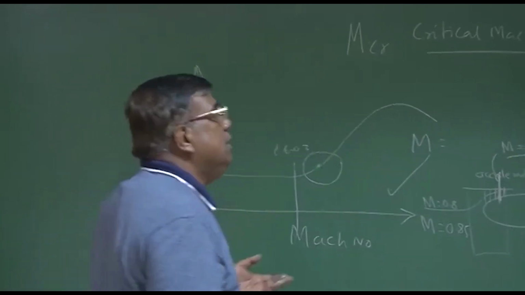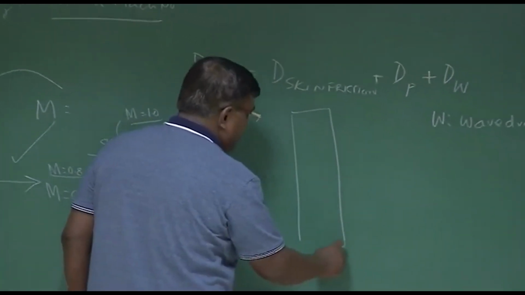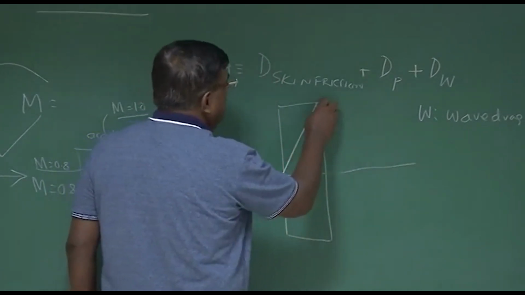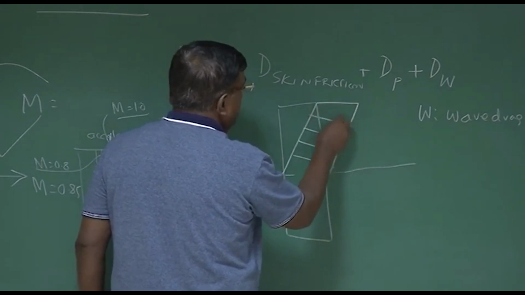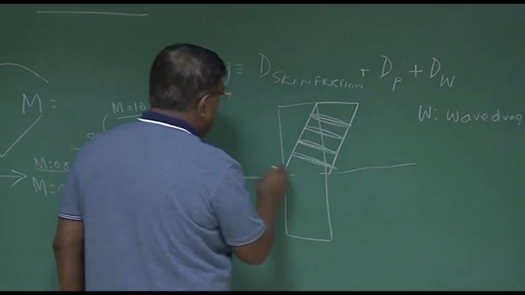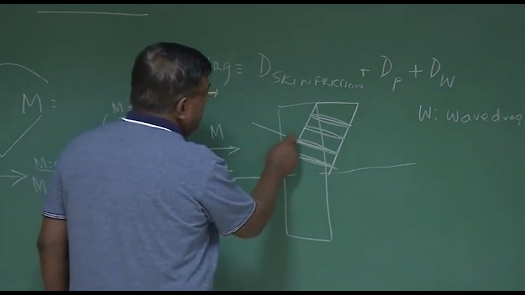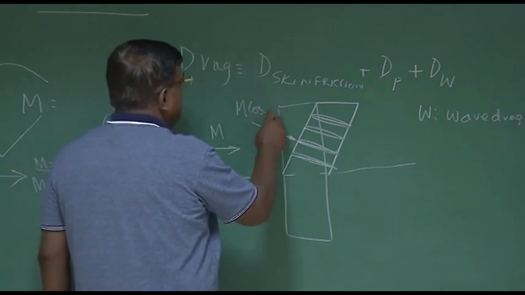So how is that done? We know by now, instead of putting a rectangular fin or rectangular wing, we will be giving sweep to this wing. Okay, the aerofoils will be like this. So what happens? If this is the free stream Mach number, the normal component to this leading edge of the aerofoil will always be M cos lambda.